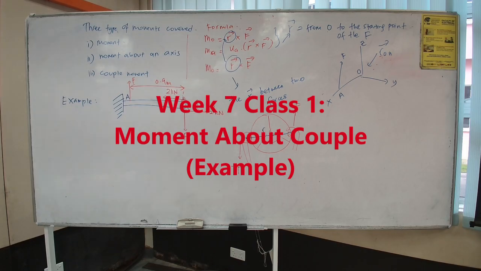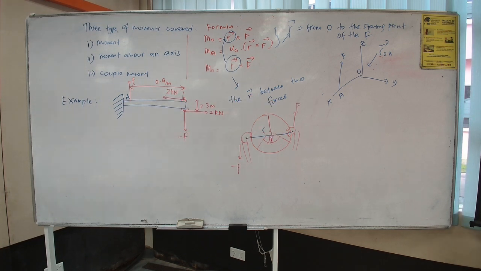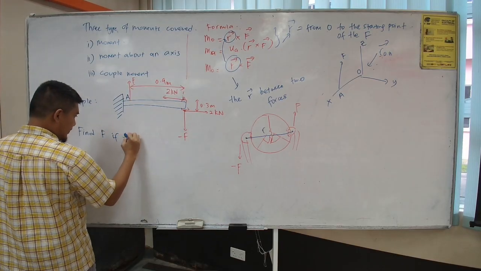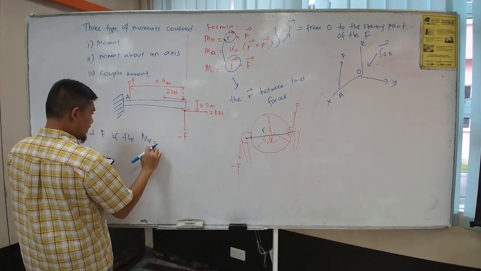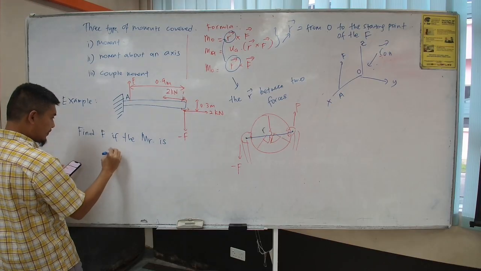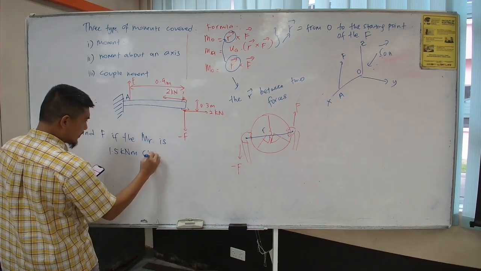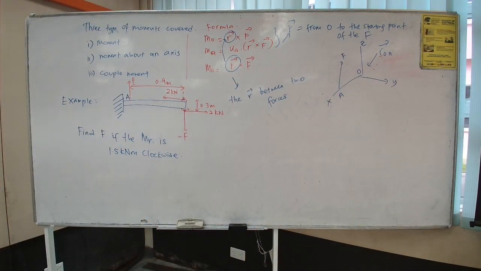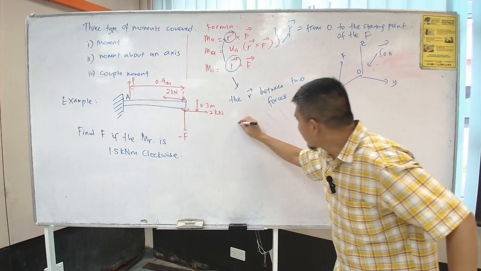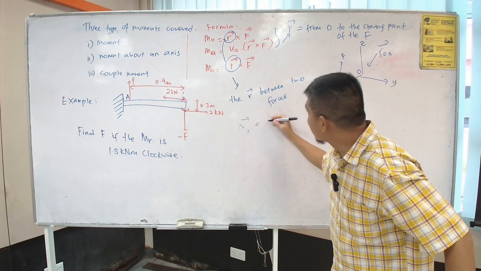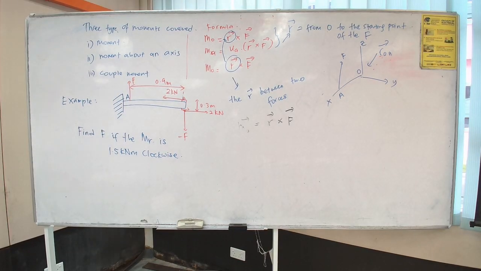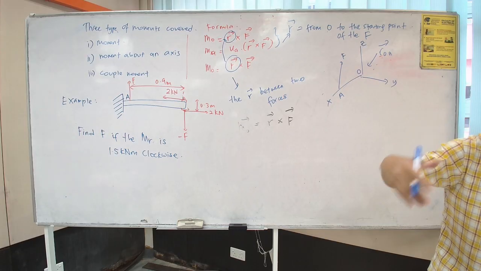Okay. Open the resultant moment. Then automatically you must know this is the formula that you need to use, which is R cross product with the F. Okay, so now once again we list out all the information that we need to use.